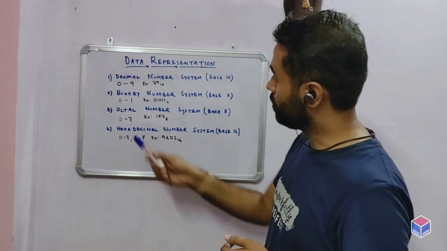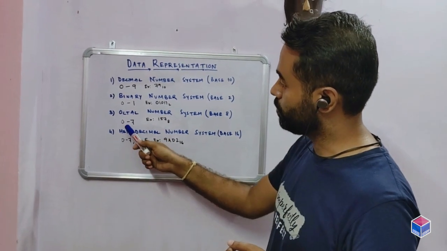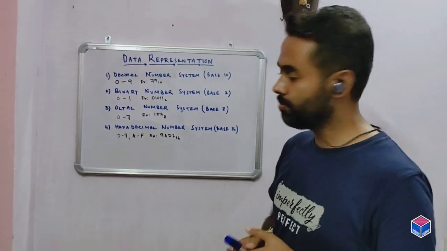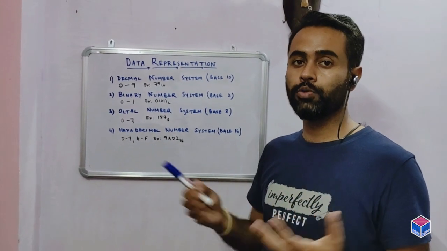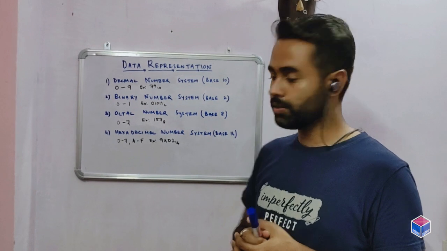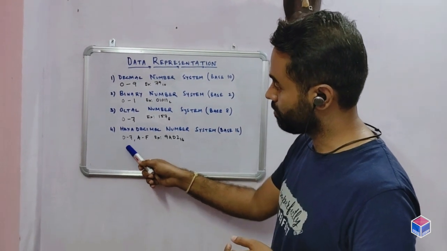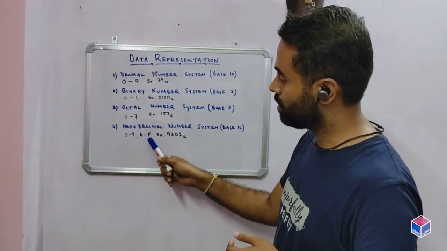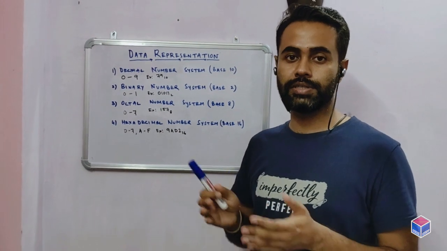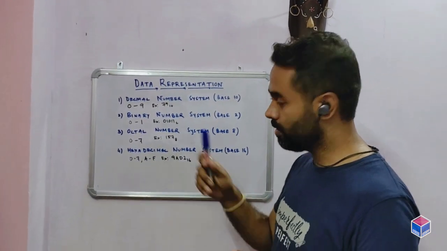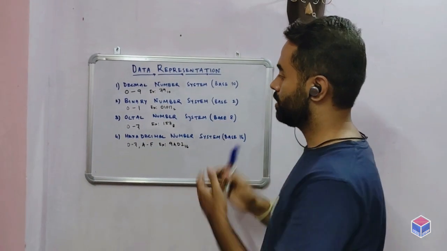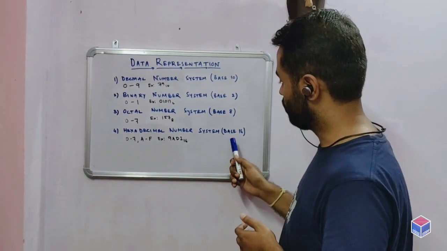The octal number system is 0 to 7, that is 8 numbers, and the hexadecimal number system is basically the alphanumeric number system that we use for our passwords. We have 0 to 9 and capital A to capital F, that is A, B, C, D, E, F. The combination of the decimal values and the alphabetical values makes it the hexadecimal number system, which has base 16.